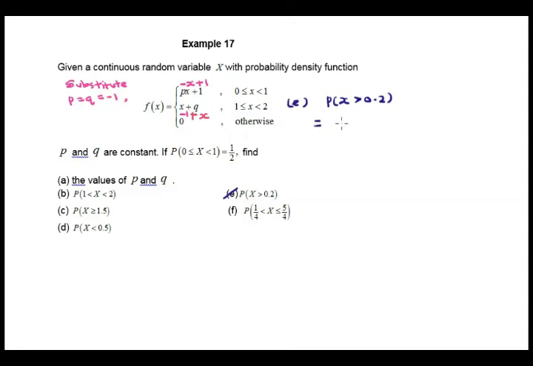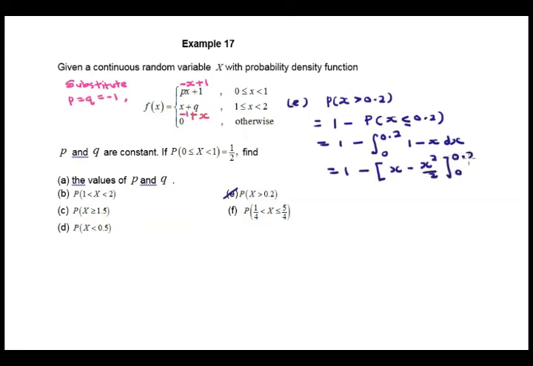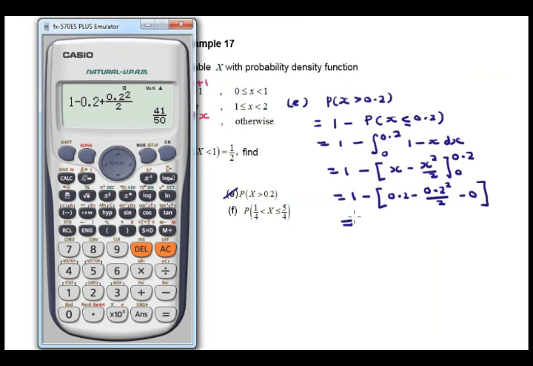We can use the total area under the function, 1 subtract P(x less than 0.2), which is equal to 1 minus the integral from 0 to 0.2 of 1 minus x dx, which is equal to 1 minus [x minus x squared over 2] from 0 to 0.2, equal to 1 minus 0.2 minus 0.2 squared divided by 2 minus 0, which is equal to 41 over 50.